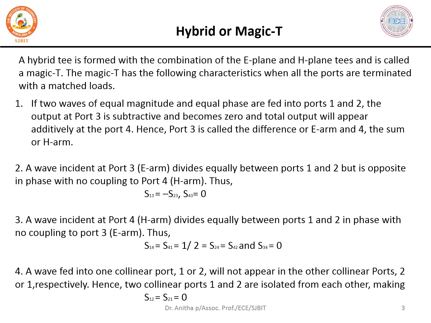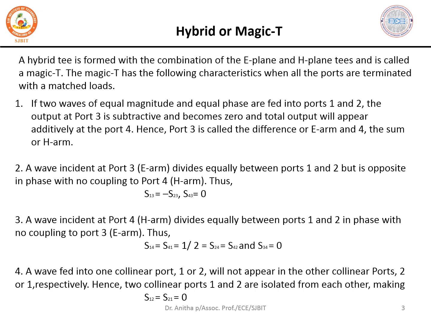In Sij, the ith port is the output port and the jth port is the input. So I had given input at port 3, observing at port 1 and 2, I am getting equal but opposite in phase. So S13 is minus S23, and S43 is 0 because there is no coupling to port 4.